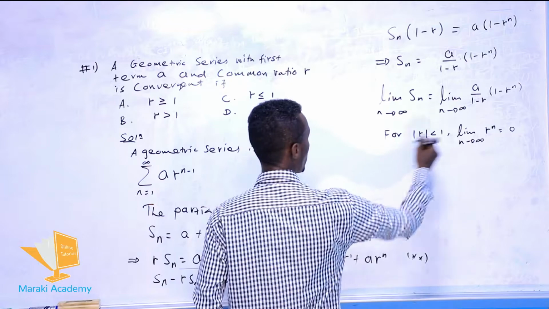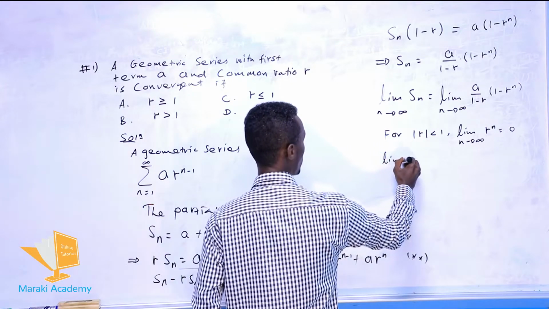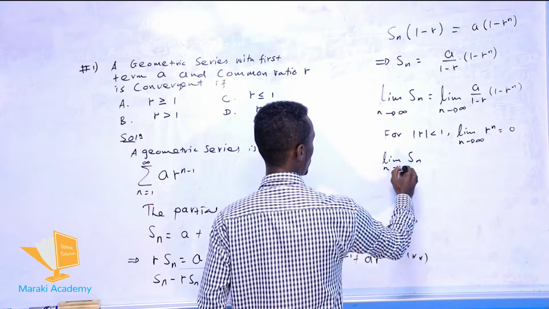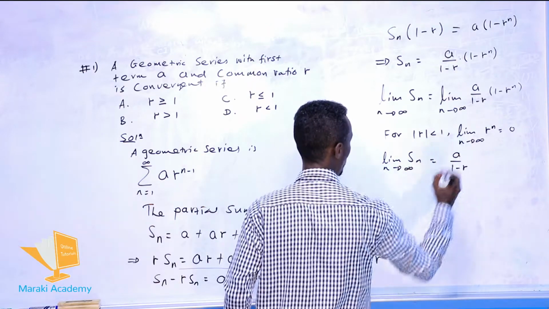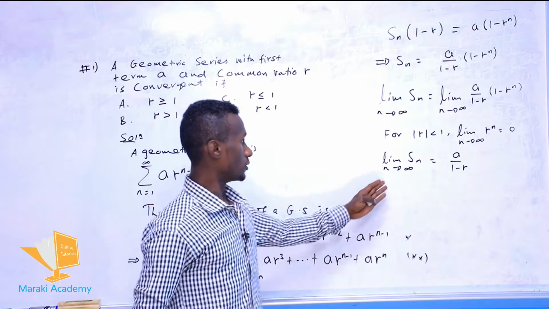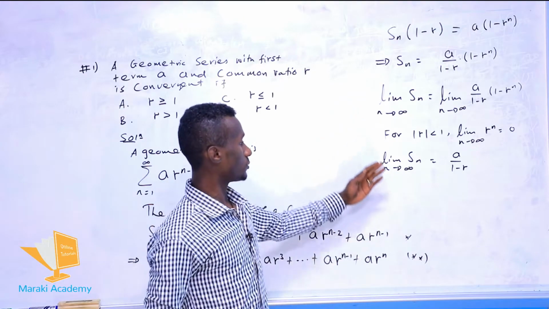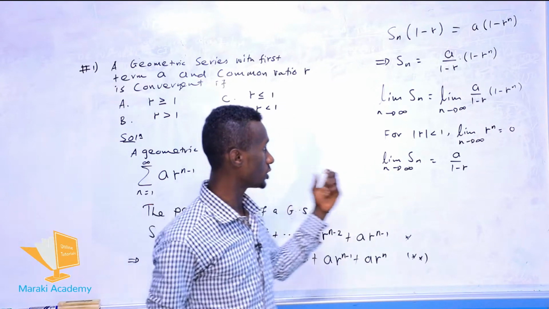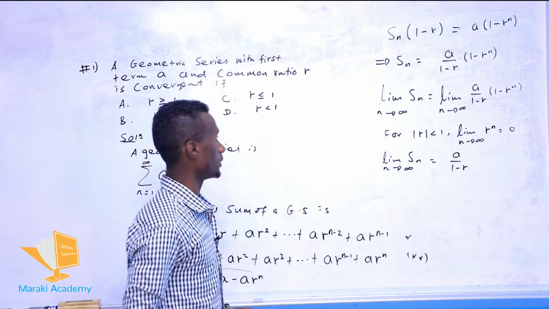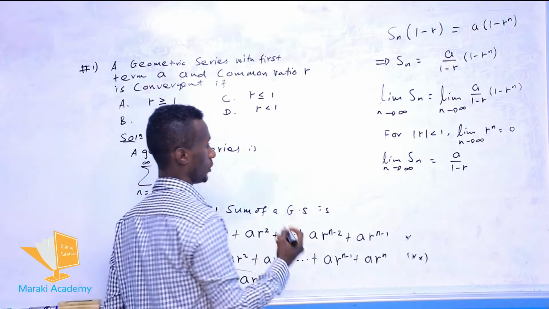Therefore, in this case, the limit of Sn as n approaches infinity is equal to a over 1 minus r. So the limit exists. If the partial sum sequence has a limit, then our series is convergent, for which the value of r must be between minus 1 and 1.